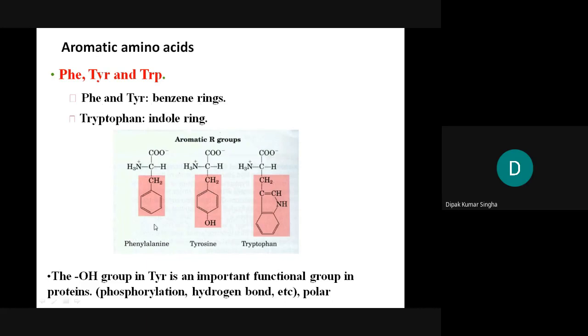This is the structure of phenylalanine. This is a very, very important amino acid in case of metabolism. Next, when we study metabolism, these 3 compounds are very important, essential for the synthesis of different biological amines like T3, T4, noradrenaline, adrenaline, melatonin; all are synthesized from phenylalanine, tyrosine or tryptophan.